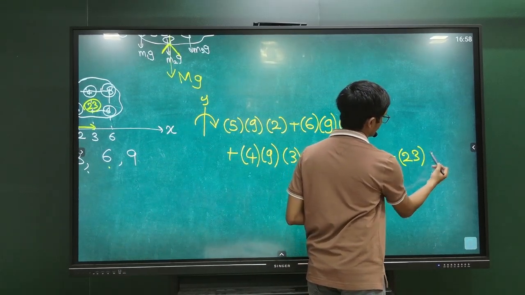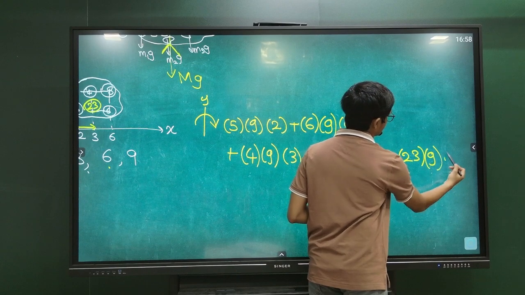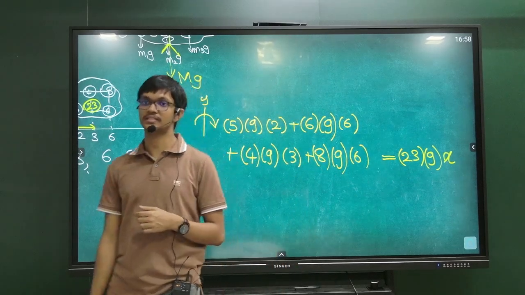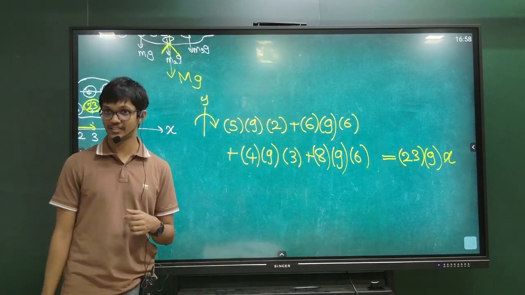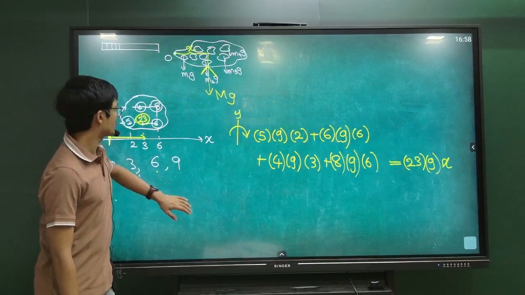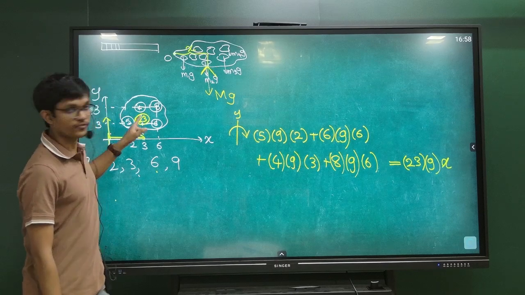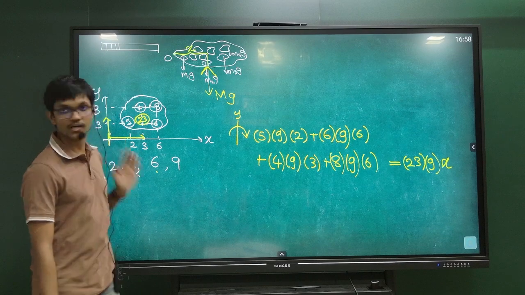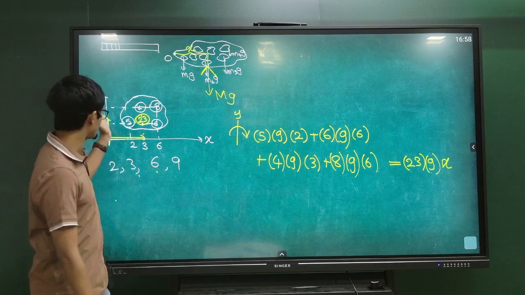What is the distance? x. By solving this, you will get the distance x. That means you get the distance of the center of gravity from the y-axis. How far is the center of gravity from the y-axis? Clear?